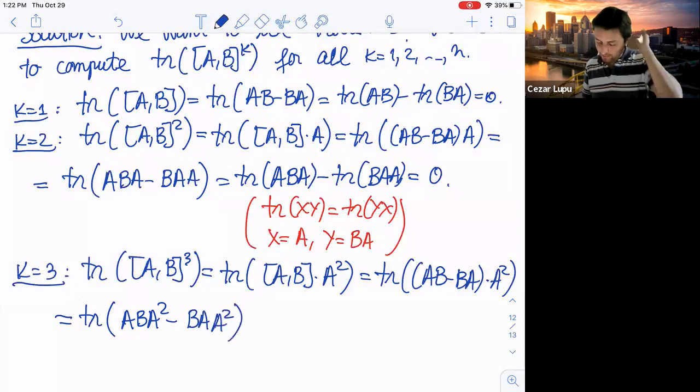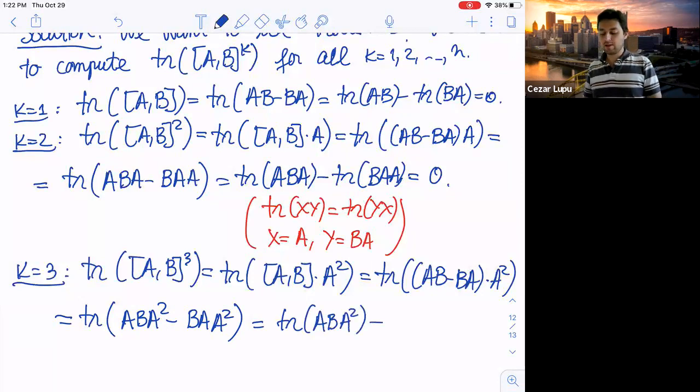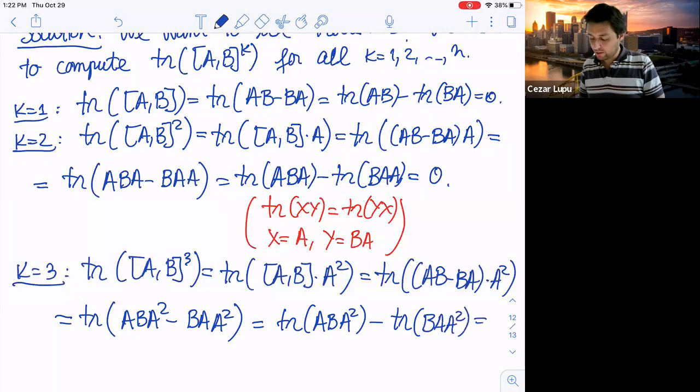Let's put it like this. And again, this is equal to the trace of ABA squared minus the trace of BA A squared. Is this equal to 0?